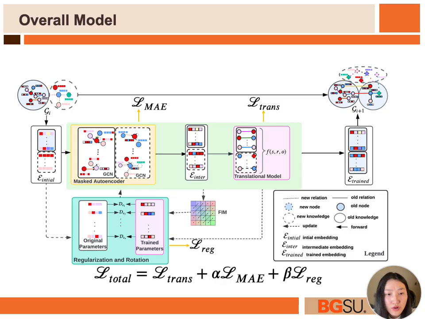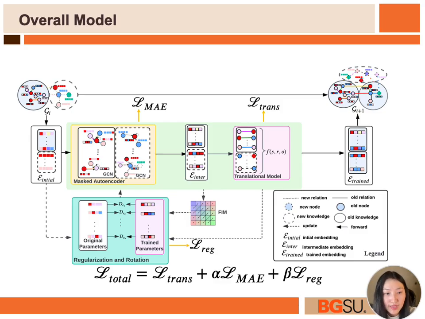The overall model incorporates three key loss components. The translational loss is derived from the translational model. This loss ensures the proper arrangement and consistency of embeddings within the knowledge graph. Regularization loss originates from the regularization mechanism.